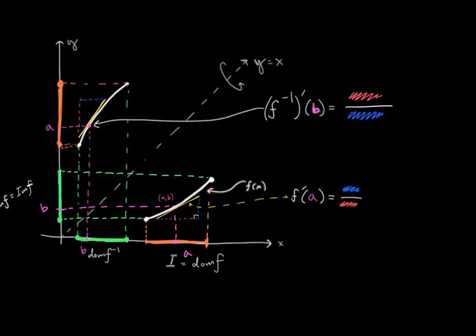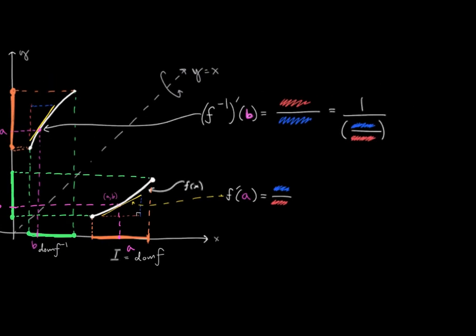Oh, that's kind of nice, because that is the reciprocal of blue over red. And of course, that is the same thing as 1 over f prime of a.